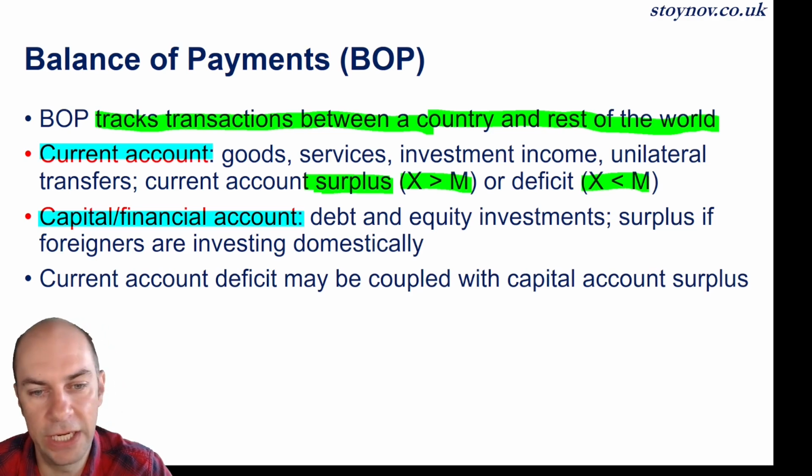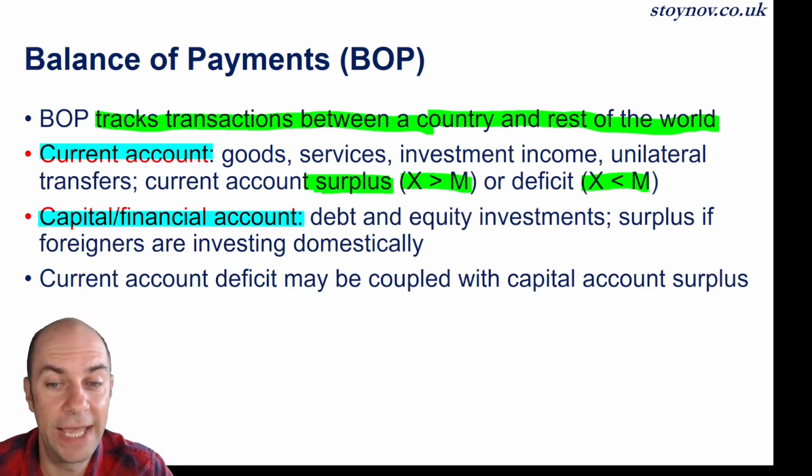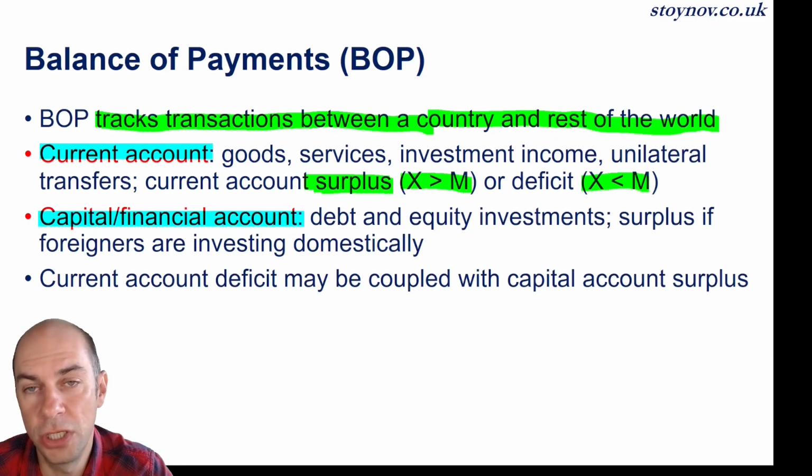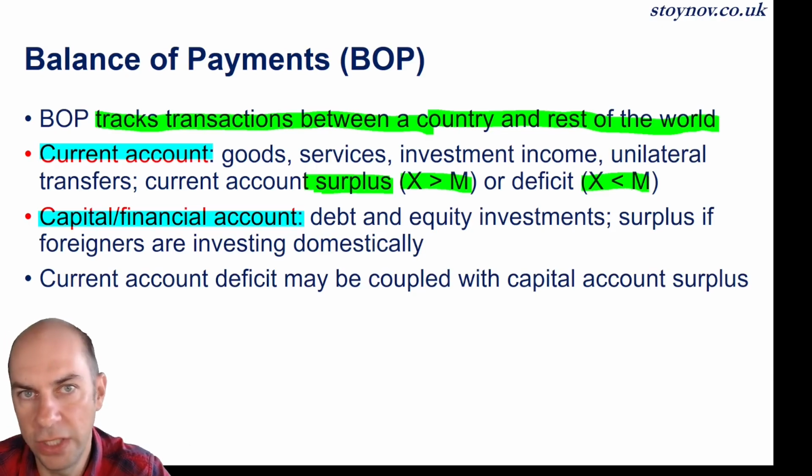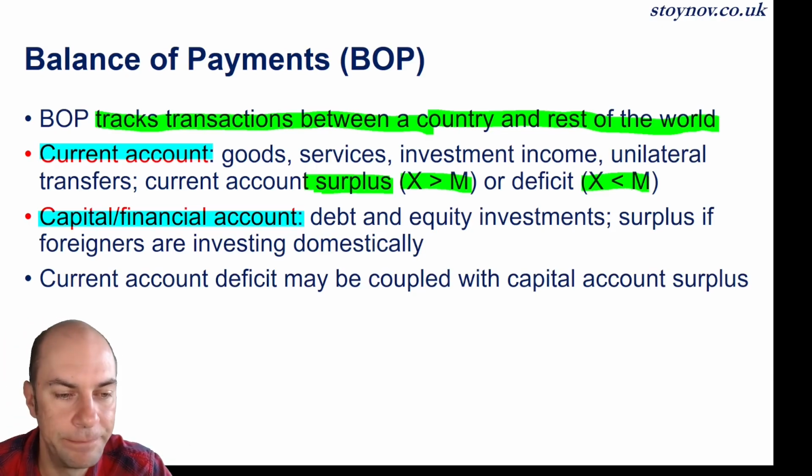Now, the capital or financial account looks at, for example, purchases of debt and equity. If I'm purchasing debt and equity of foreigners, so the money is leaving my country, I have a capital account deficit.